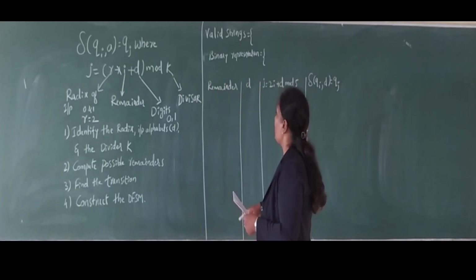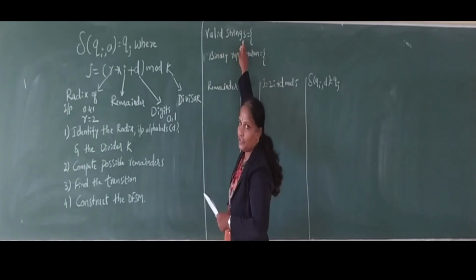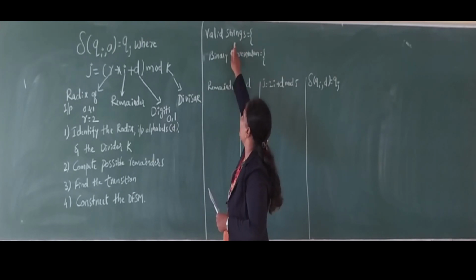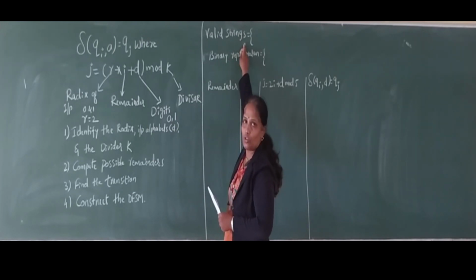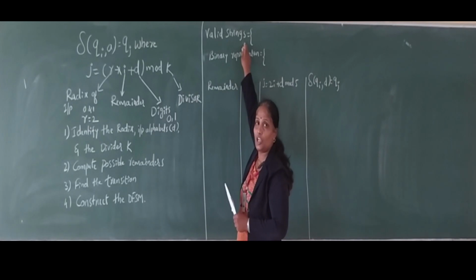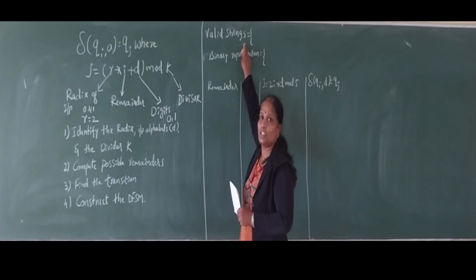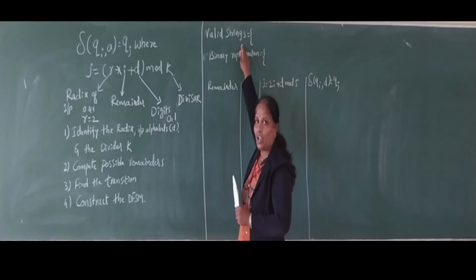So the first step is what? You are going to write the valid string list. According to the question, the valid string list contains the numbers which are divisible by 5. When the number is divided by 5, the remainder is 0. Such strings are valid strings for the language.